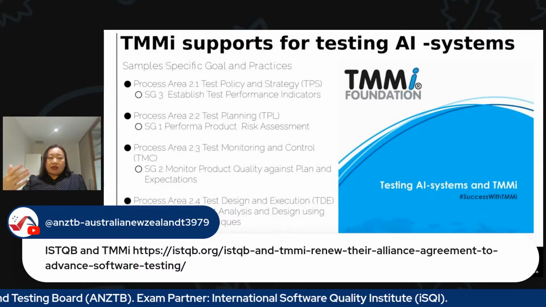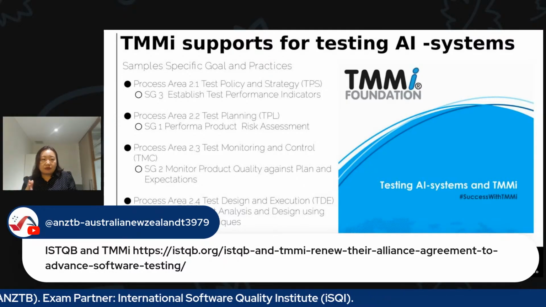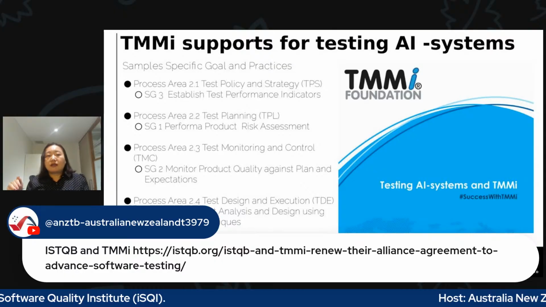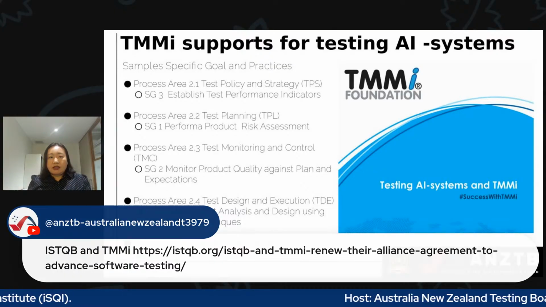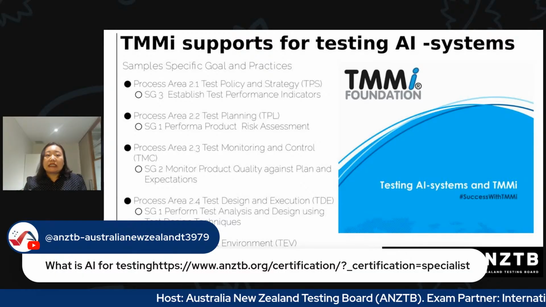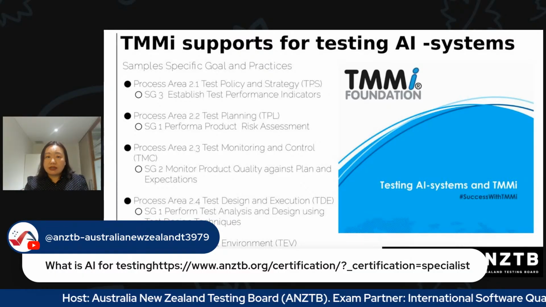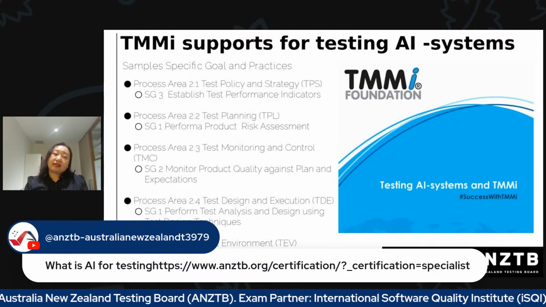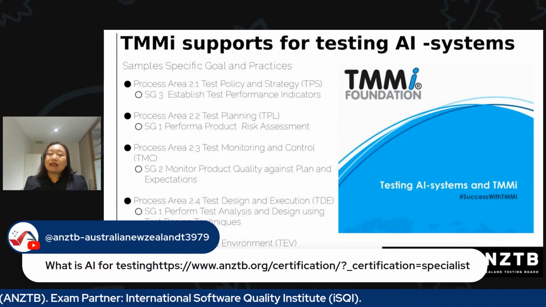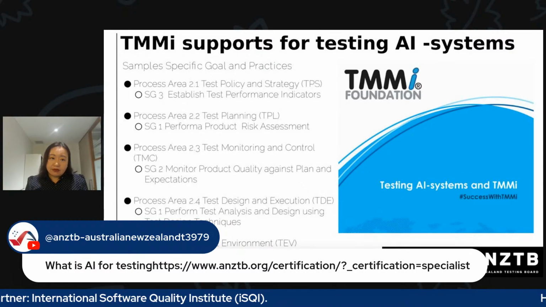Now we have another example, TMMi level 2, 2.1, test policy and strategy. At this level, the organization defines a clear test strategy that includes test goals, test policy, test levels, and performance indicators, tailored for both AI system and conventional system testing.